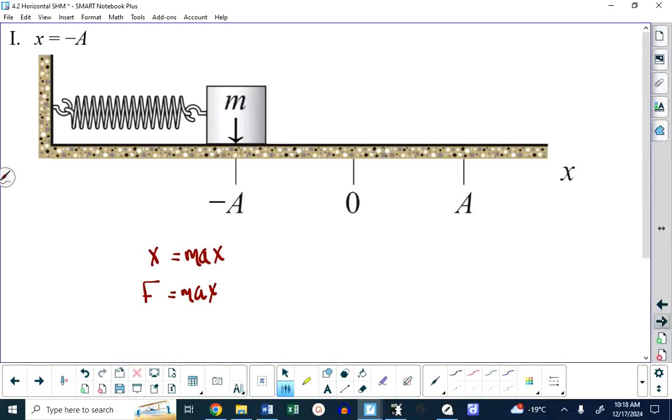And I'm about to tell you something that may cause you to get confused, but you've got to fight your way through it intellectually. That means that the acceleration is a maximum. Because that force is the spring force, which is the net force.